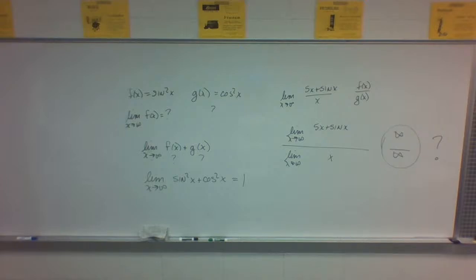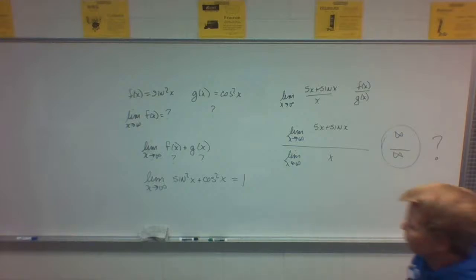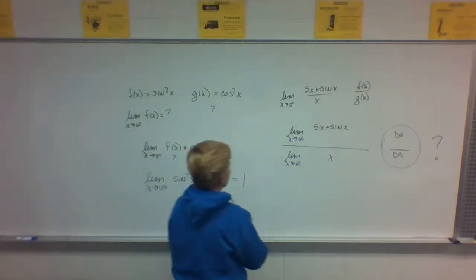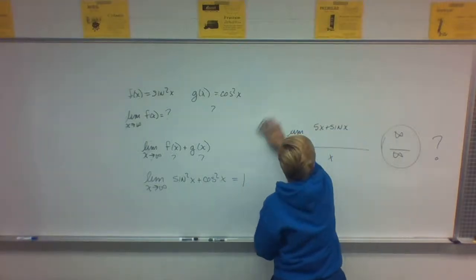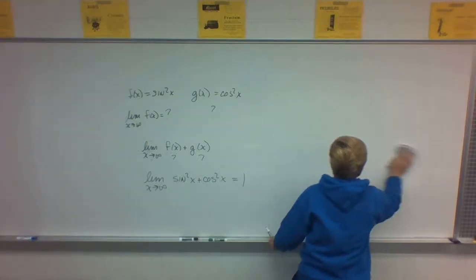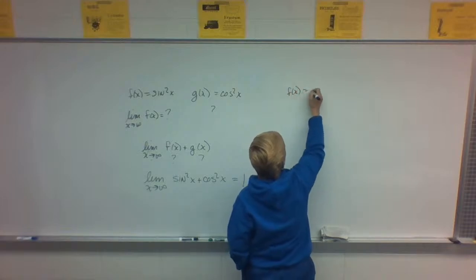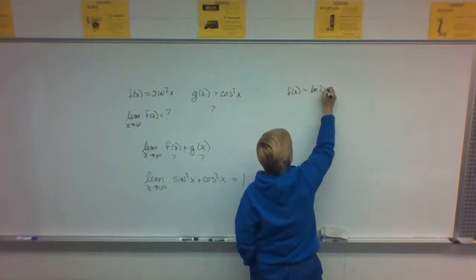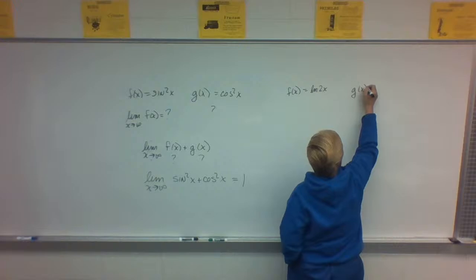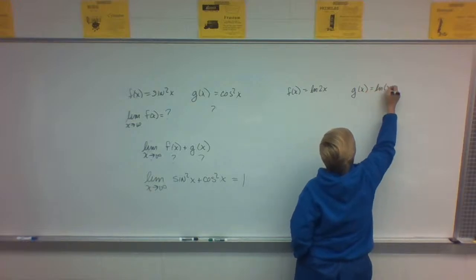Natural log of 2x is one of our functions, and the natural log of x plus 1. So f of x, read it to me, please. What is it? Natural log of what? 2x, and g is what? Natural log of x plus 1.